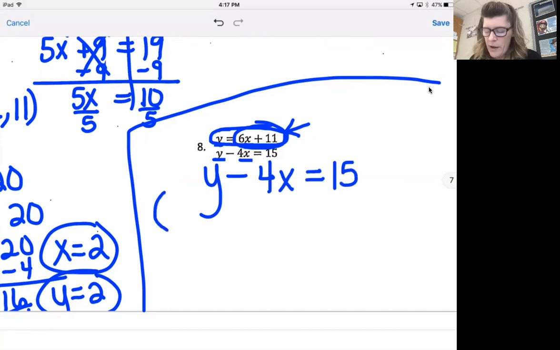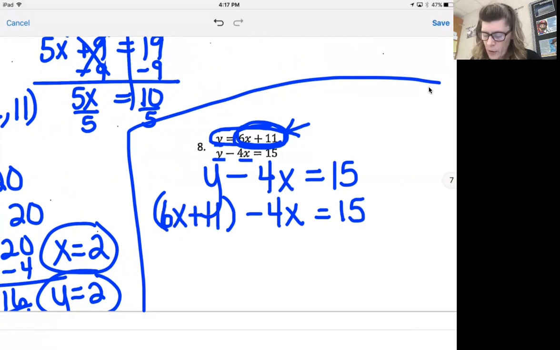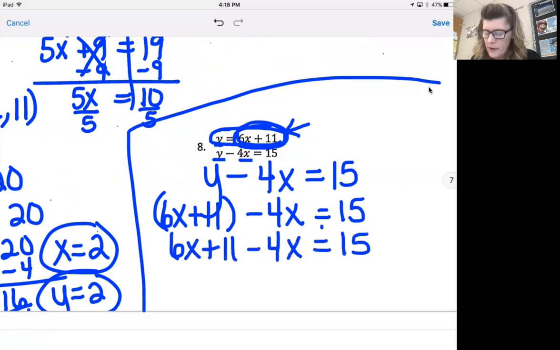But we're going to take the y out. And we're going to replace it with 6x plus 11. So I have 6x plus 11 minus 4x equals 15. On this side of the equation, I have like terms. I have 6x and I have minus 4x.